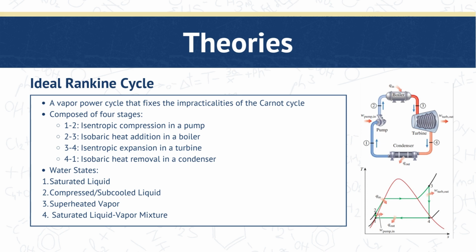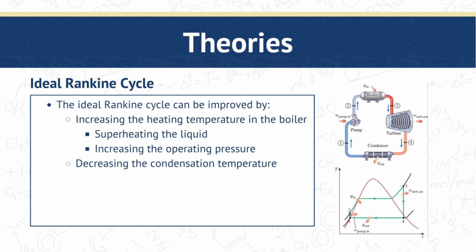Isentropic means that it is reversible, or if it is indicated, well-designed, and it is also adiabatic or insulated. Take note that we are only discussing the ideal Rankine cycle. Furthermore, this cycle can also be improved in two ways.